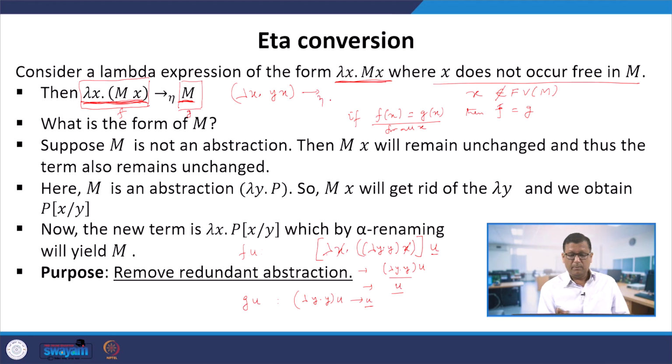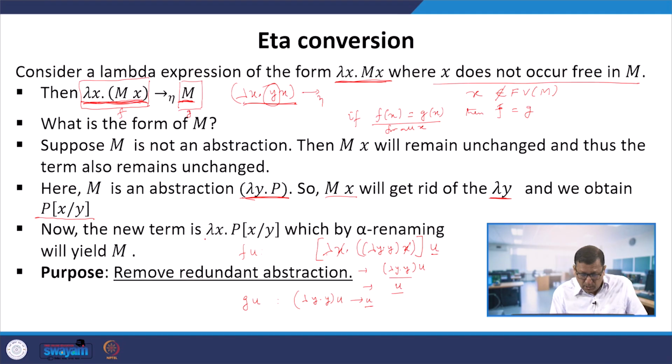That means M must be a form of abstraction. If M is an abstraction, that is lambda y dot P, then Mx will get rid of this lambda y, and we obtain in the body of P all occurrences of y replaced with x.